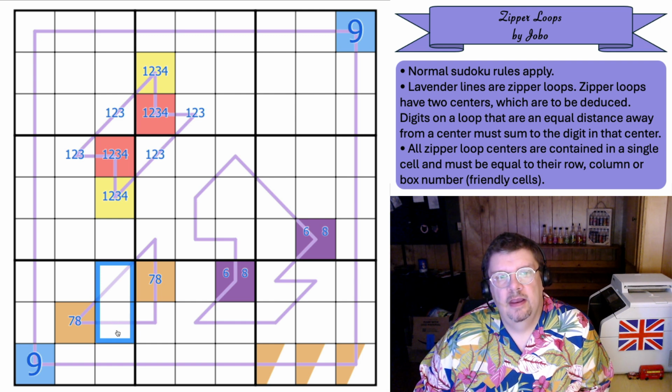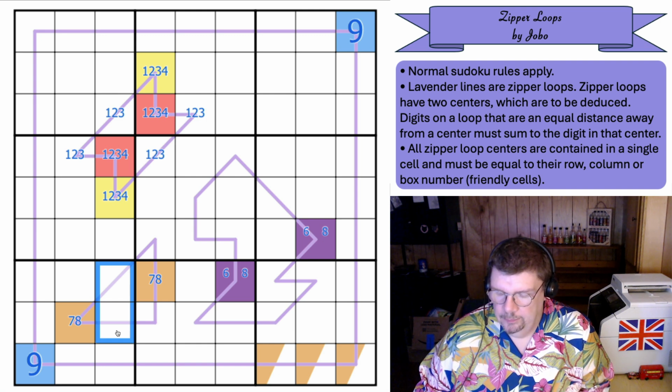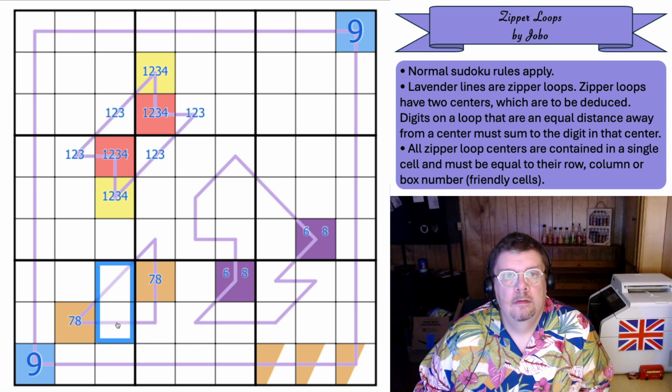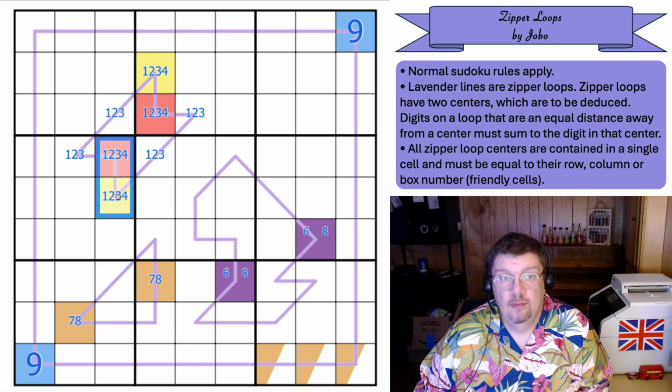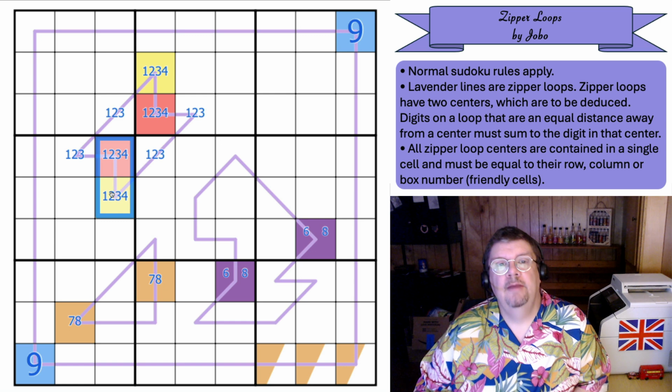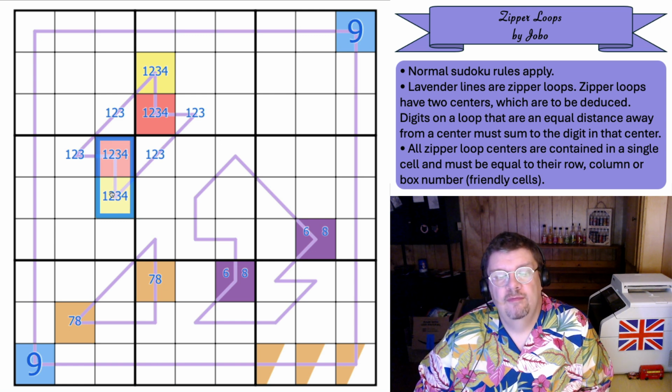So I have a digit from 1, 2 or 3 as one of those two. Which gives me a virtual 1, 2, 3, 4 in the column. So one of these is definitely 4. Okay, so one of those is definitely 4.